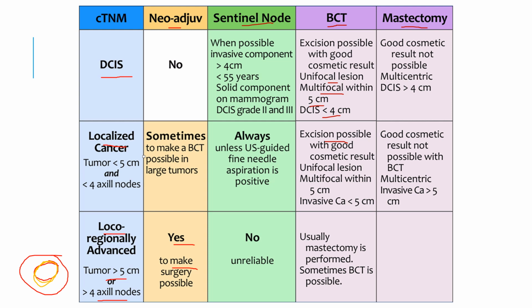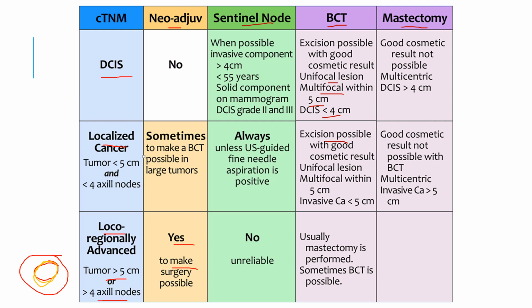For loco-regional, you usually go for mastectomy. You can't usually go for breast conservation treatment, because even after neoadjuvant, if the tumor size is reducing, your treatment modality will depend on the initial size of the tumor, not the later size. Suppose you have a 6 centimeter lesion, you give neoadjuvant, it reduced to 3 centimeter.